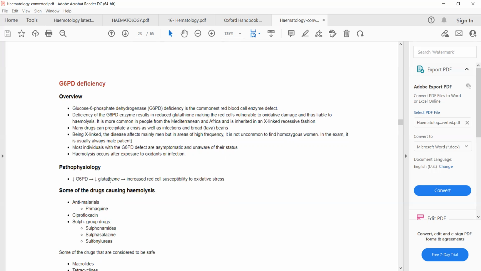So when there is a low G6PD, what will happen? Glutathione will also decrease, and a decreased glutathione exposes the red blood cell membrane to oxidative stress. So when the red blood cell membrane is exposed to oxidative stress, what will happen? It will result in premature hemolysis of the RBCs.